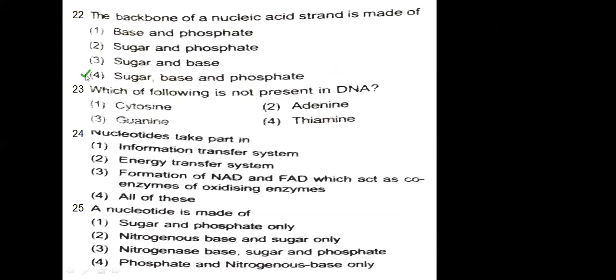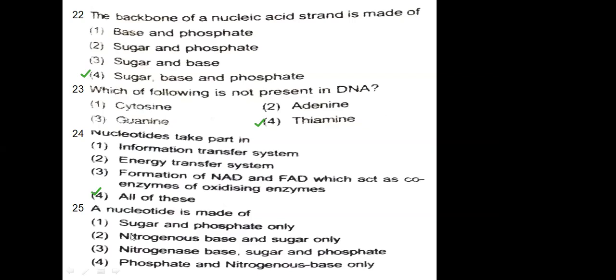sugar, base, and phosphate. Which of the following is not present in DNA? It is thymine. Spelling is wrong. Nucleotide. Nucleotides take part in information transfer system, energy transfer system, formation of NAD and FAD which act as coenzymes for oxidizing enzymes, all of this.